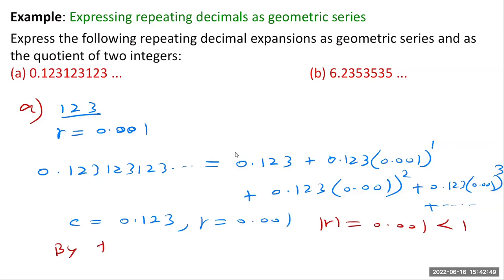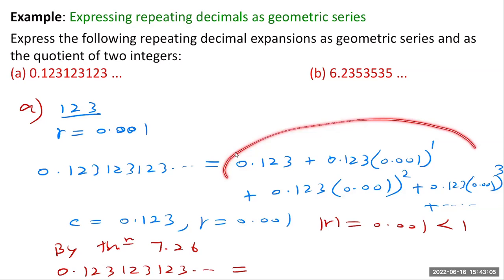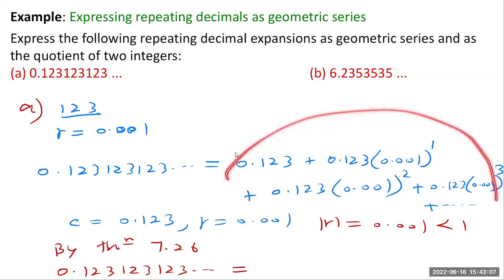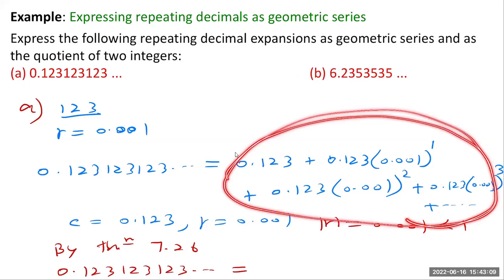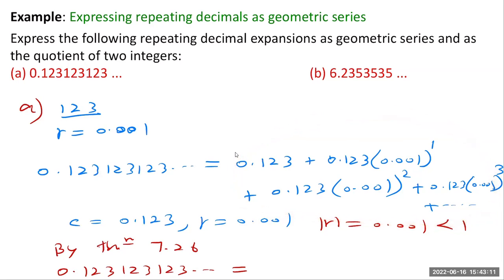By theorem 7.26, 0.123, 123, 123, dot, dot, dot should be equal to C over 1 minus R, right? The summation of this sequence converges. That means the summation is C over 1 minus R. Your C value is 0.123 over 1 minus R, 0.001.